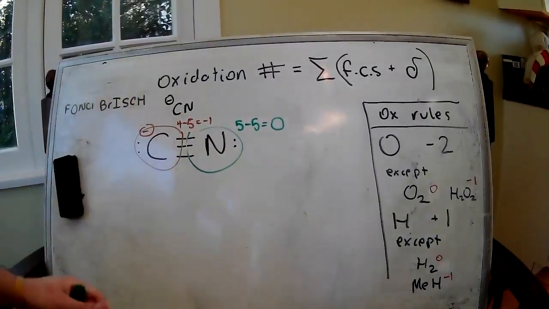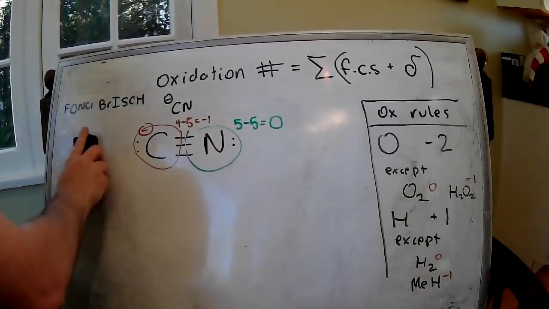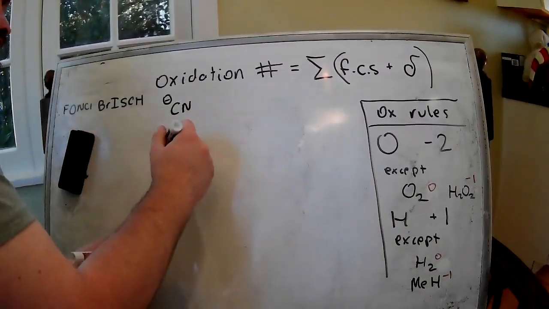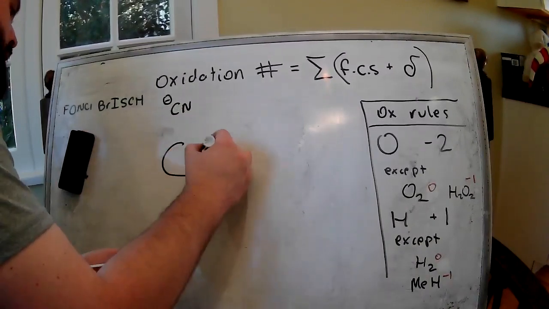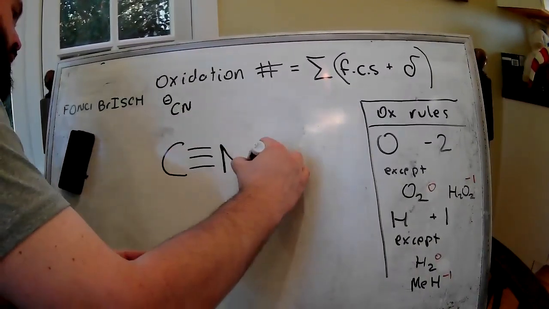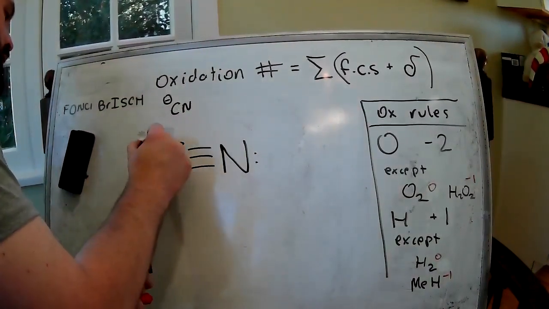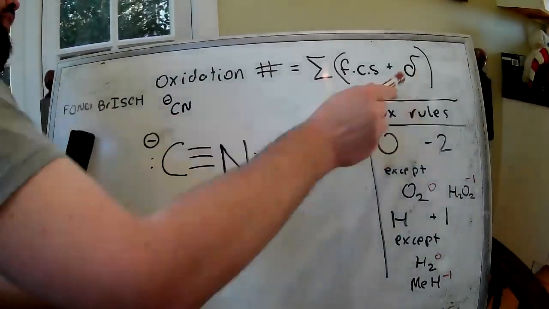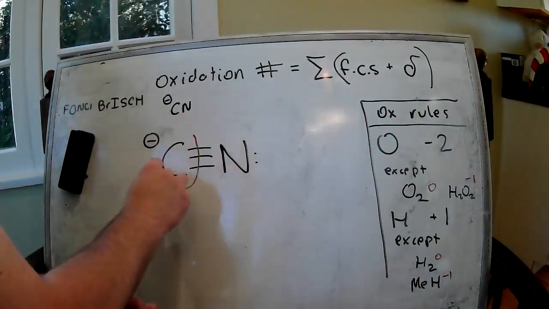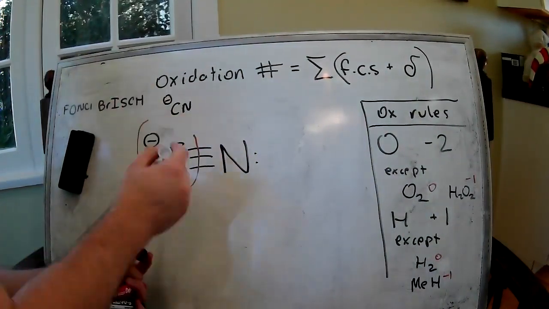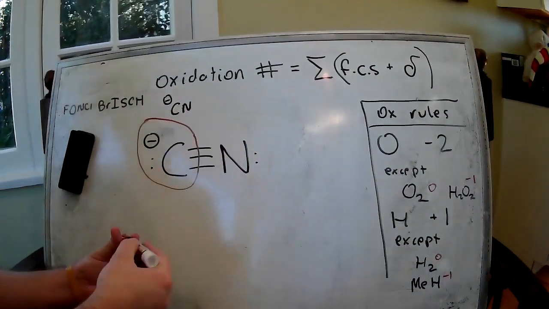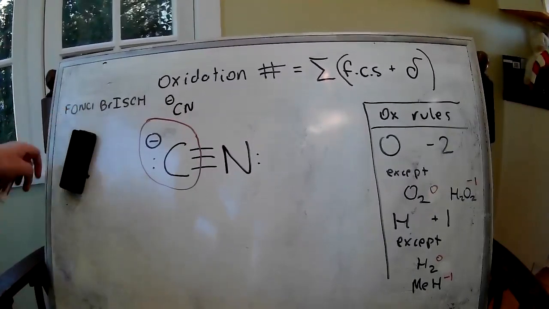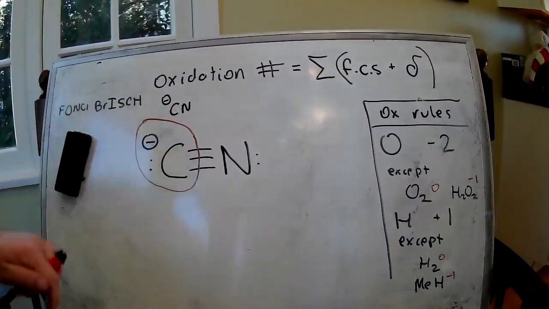Right? So we've established where that formal charge of cyanide is. I'm going to go ahead and redraw this so we can now do our oxidation number definition. So we said oxidation number is the sum of the formal and partial charges. Carbon and nitrogen, we can see nitrogen is going to be more electronegative than carbon.